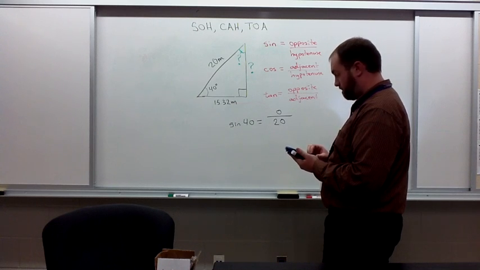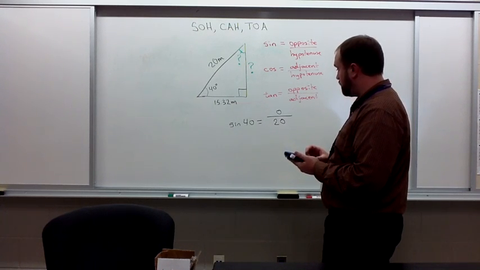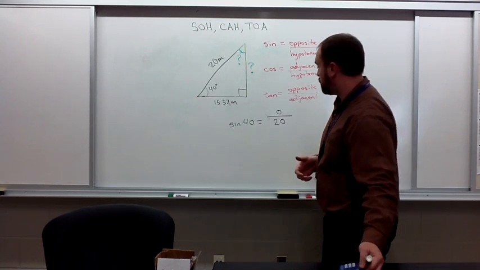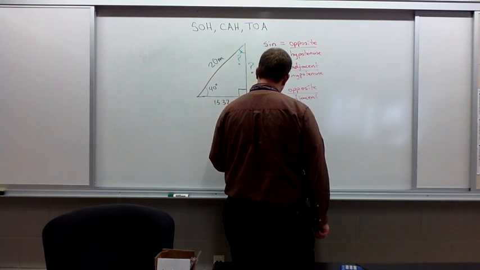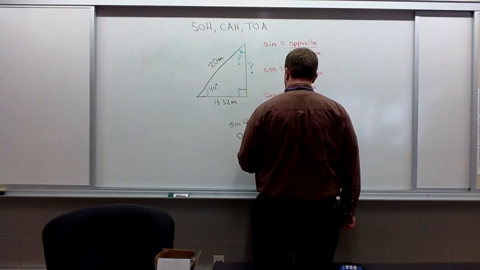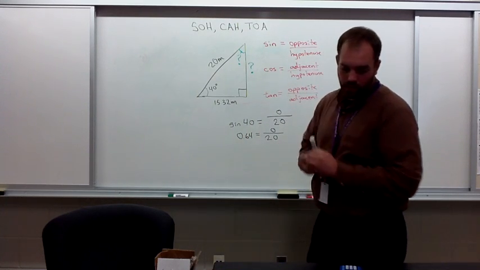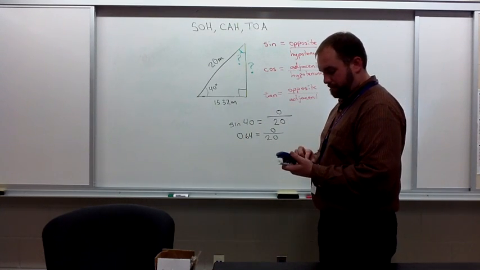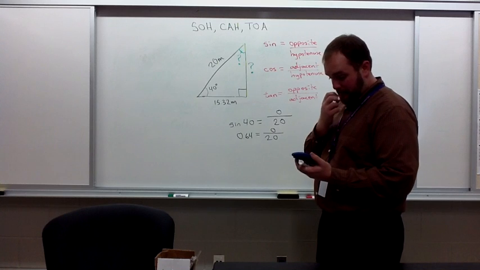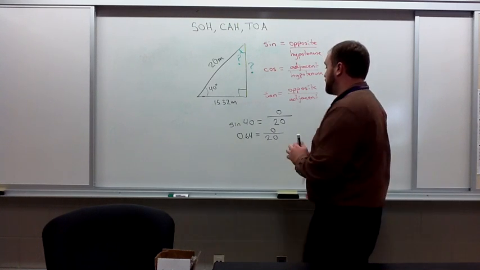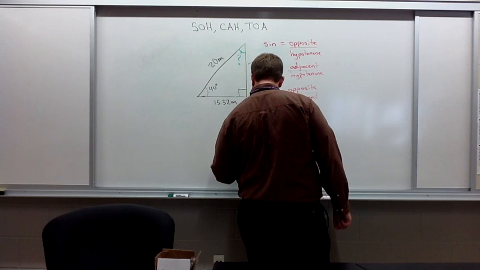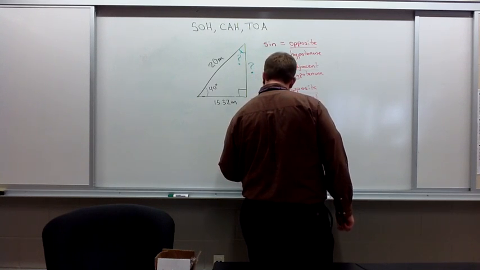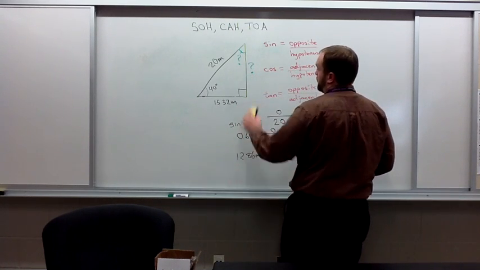Sine of 40 equals, I got 0.64 equals opposite over 20. So I multiply by 20, and I get 12.86. So the opposite is 12.86. So I can plug that in here.